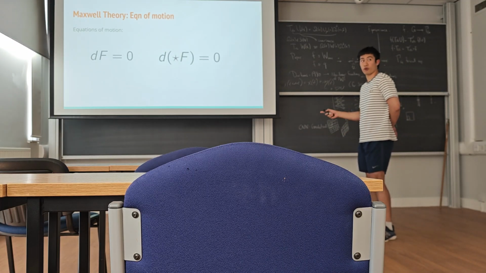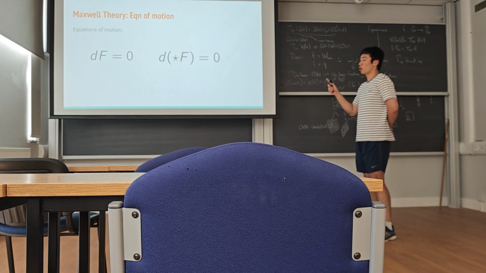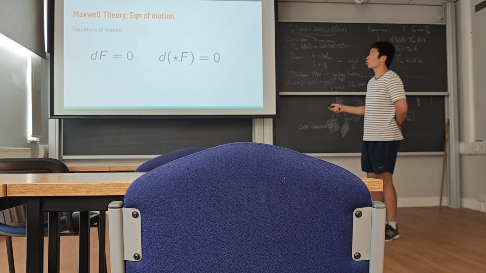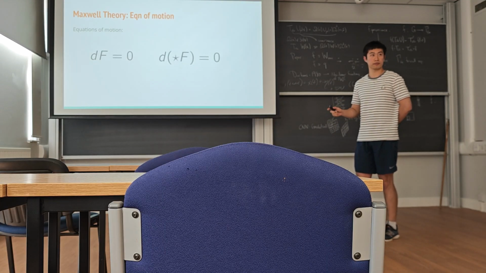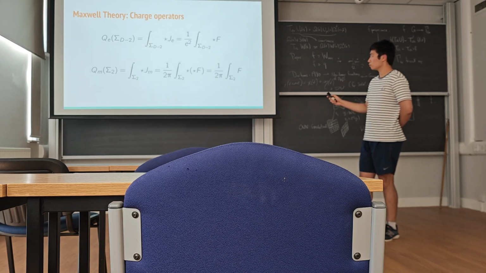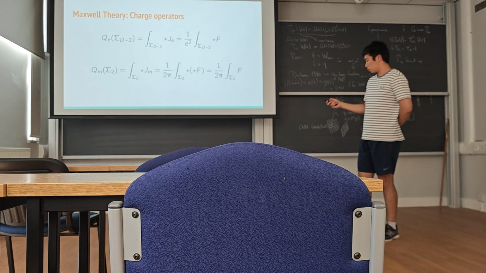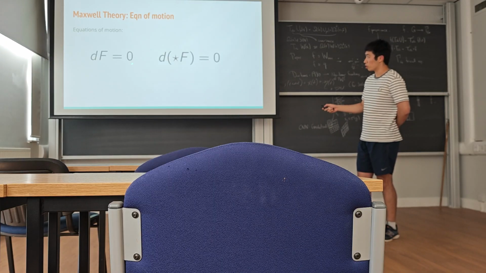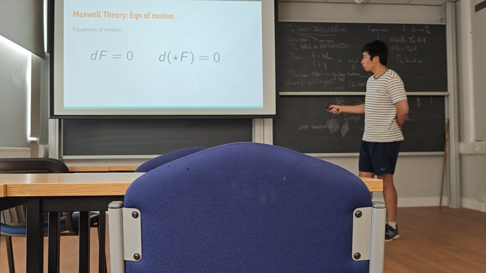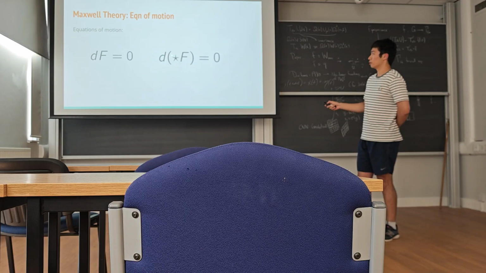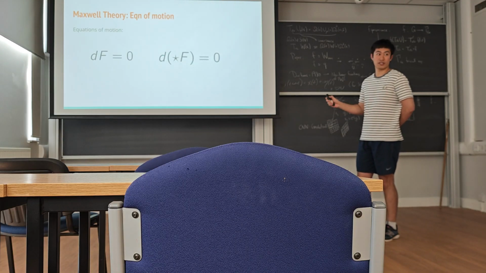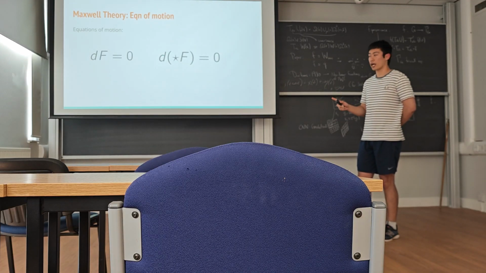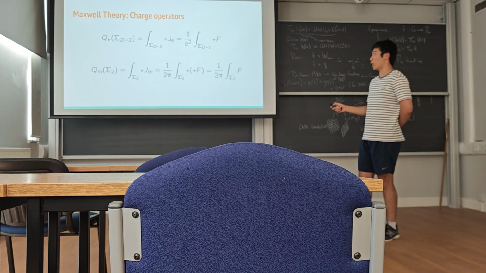We cannot take this for granted. This is not necessarily true without vacuum. So these are in fact two separate equations of motion. Remember that this is basically a continuity equation of some sort, and that allows us to define two different charges.